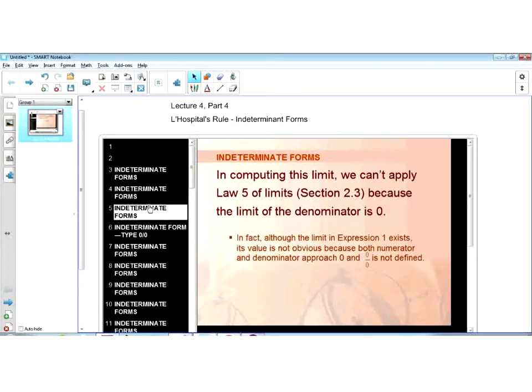We can't apply the limit laws because the limit of the denominator is 0. If we were to use direct substitution, in other words, plug 1 into the numerator and denominator, we would get this 0 over 0 result, which of course is not defined.